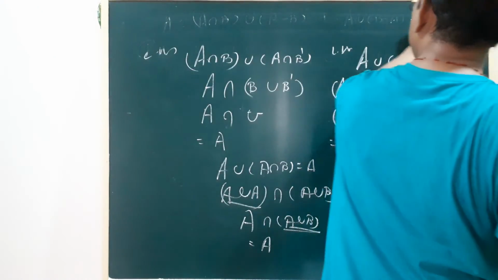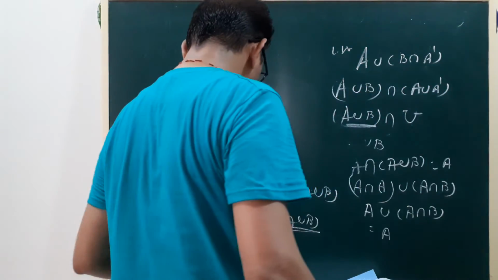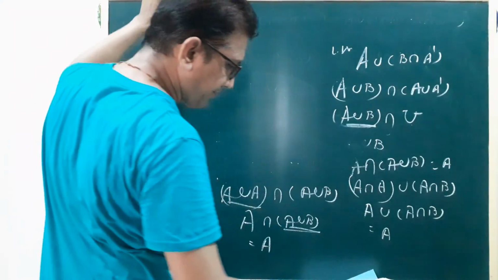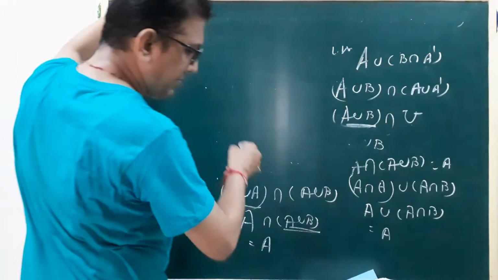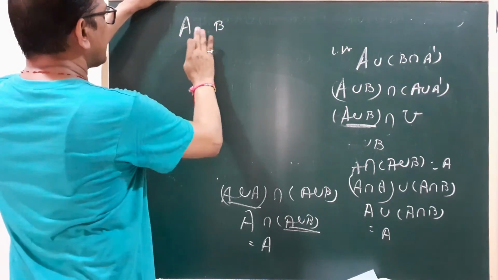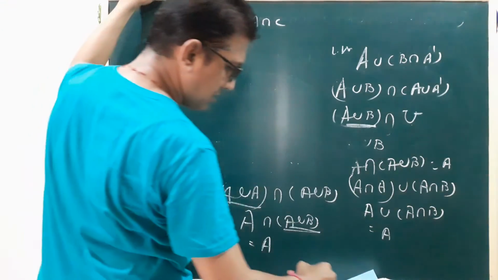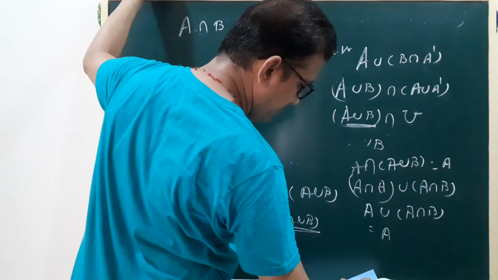Now question number 10 is a very easy question. A intersection B equals A intersection C. Right? Then is B equal to C?